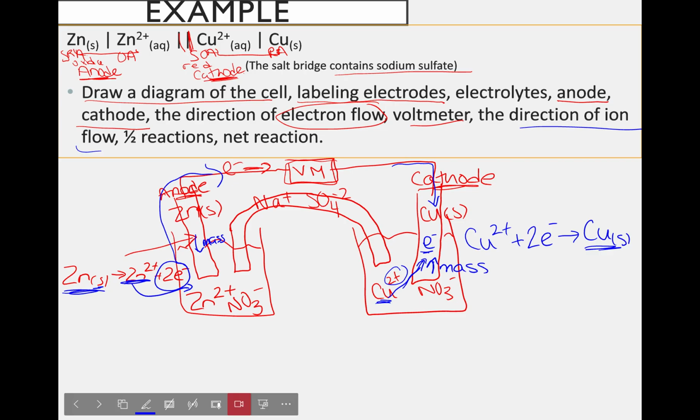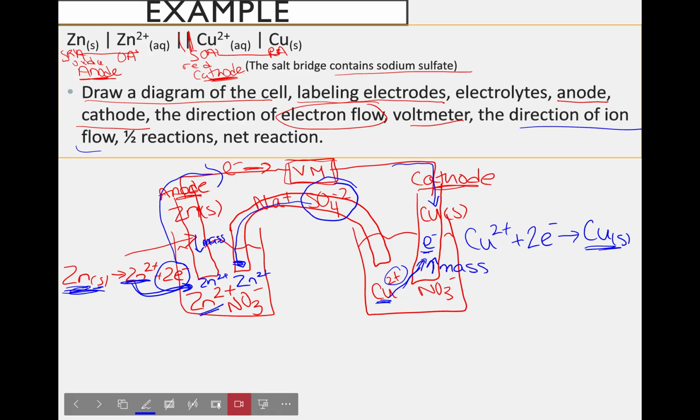Now let's look at the direction of our ions, how they're flowing. So when we take a look at, let's say, the anode first, as your zinc is breaking down and you're getting more and more zinc 2 positive in solution, what ends up happening is there's a buildup of positive charges. We need to neutralize those positive charges. So the negative ion that's in the salt bridge is going to travel down and neutralize those charges.